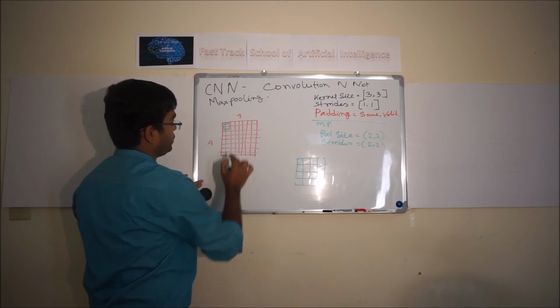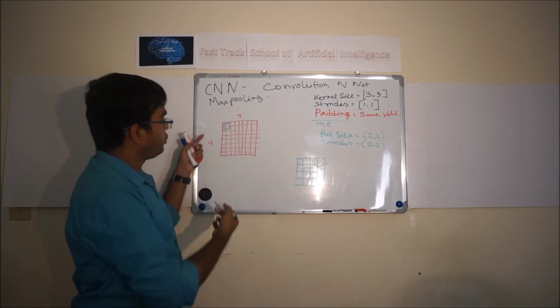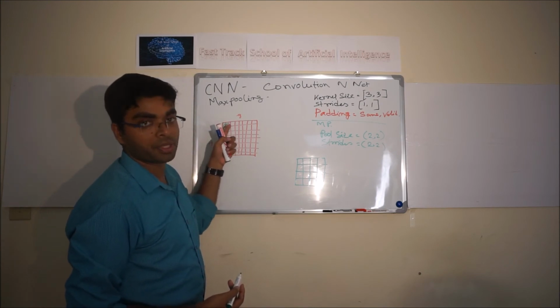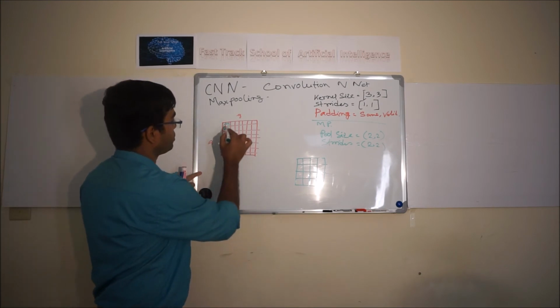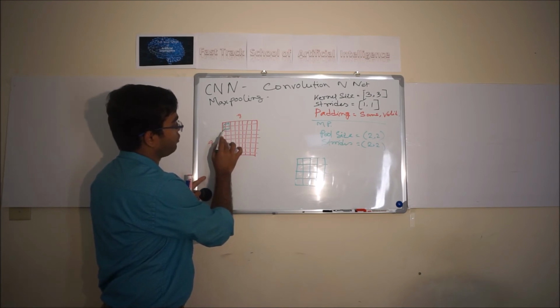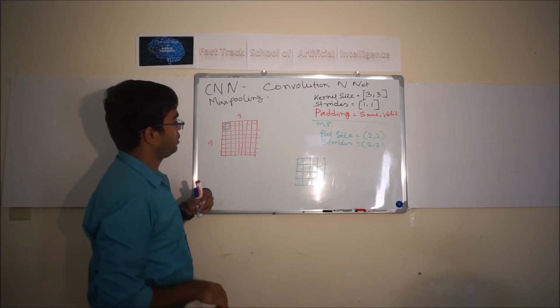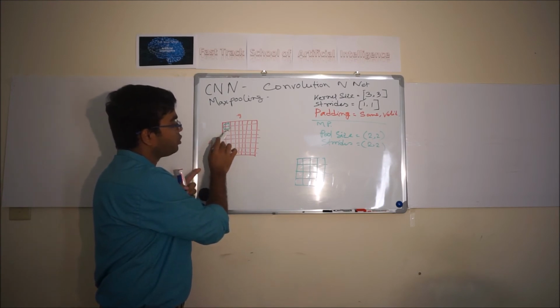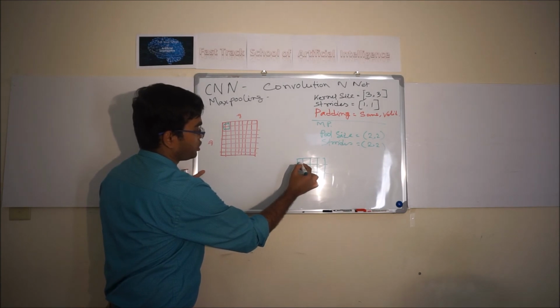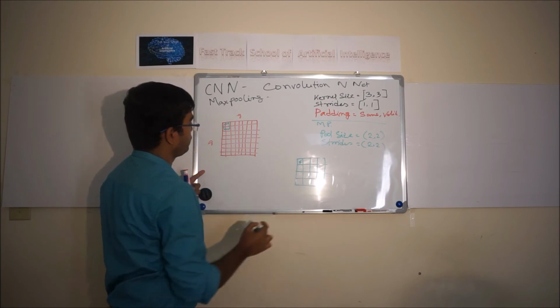It is going to select this patch and find the maximum value for those 4 pixels. For example, suppose this contains 0.1, this contains 0.2, this contains 0.4, and the fourth cell contains 0.6. So it will pick up that 0.6 and place it in the new transformed image. 0.6 is the value for the first cell.